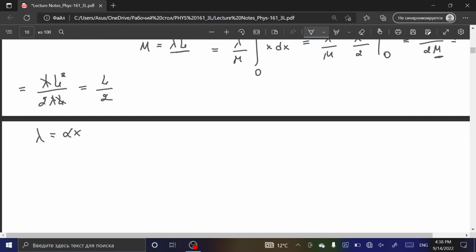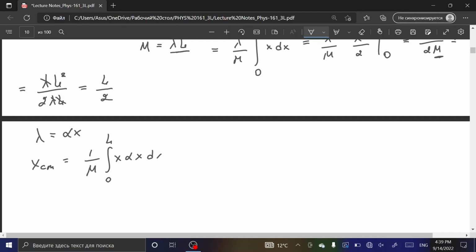So again, our x center of mass will be equal to 1 over capital M, integral from 0 to L. And here we have x. Instead of lambda, we substitute alpha times x.